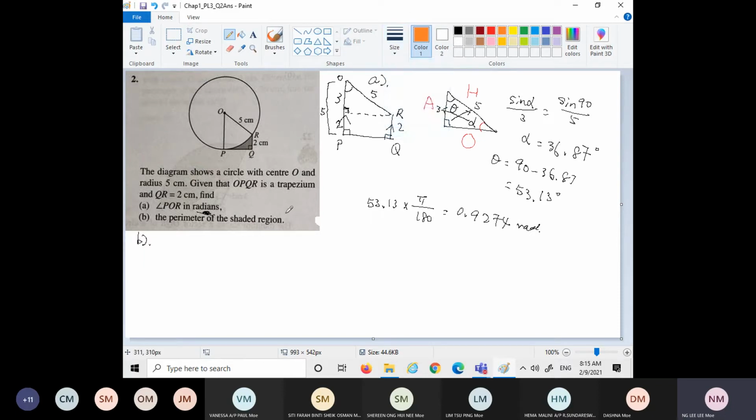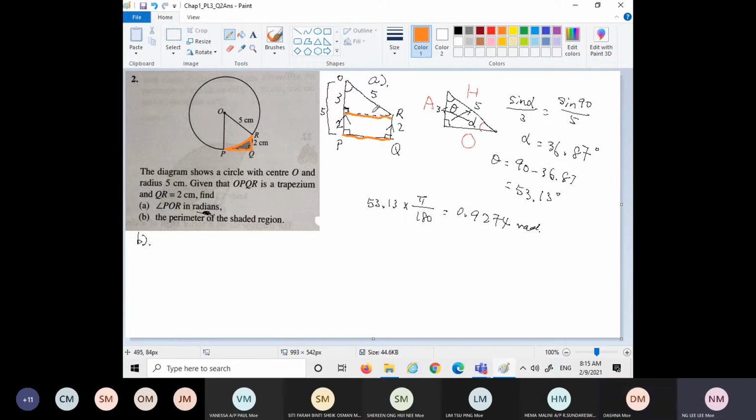The shaded region is here, this one. This is the arc of a circle, plus 2 centimeters, and then plus this. So how to find this? PQ first. PQ is here. Because this is a rectangle, PQ is the same as this length.